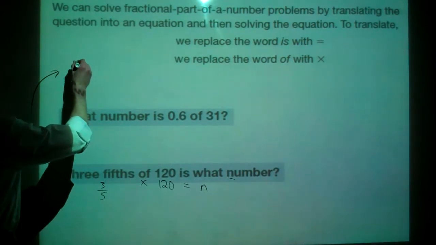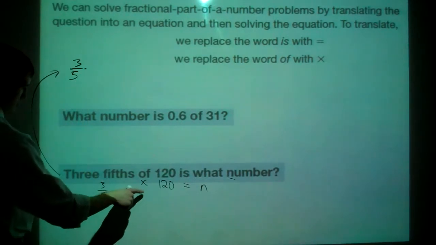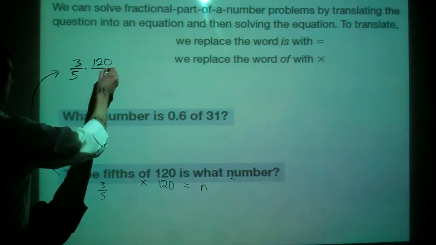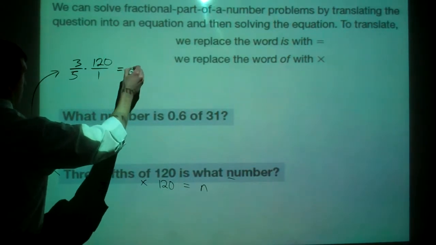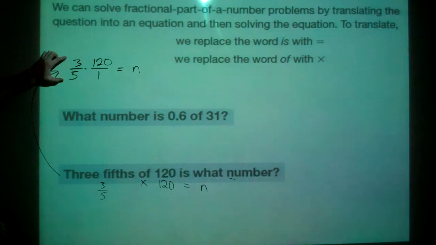3/5 times 120. And what I'm going to do is put 120 over 1. And that should give us our answer. So really what we're looking for is what is 3/5 of 120, or 3/5 times 120 over 1.